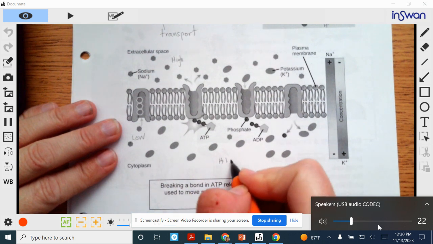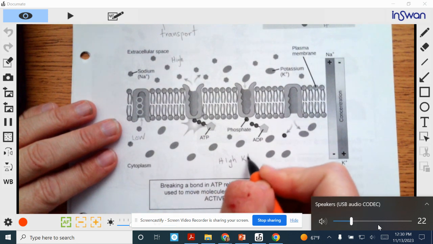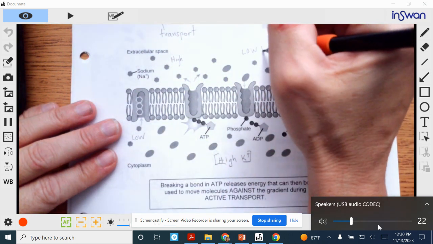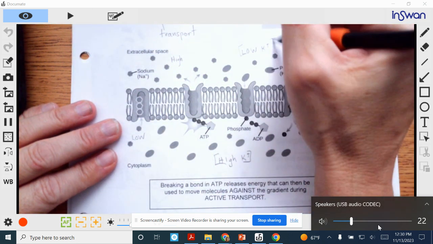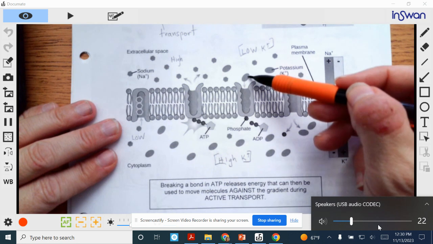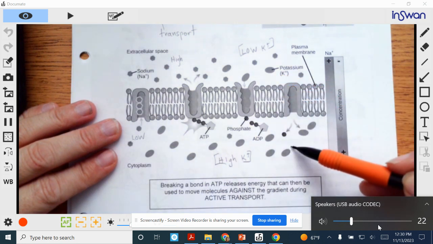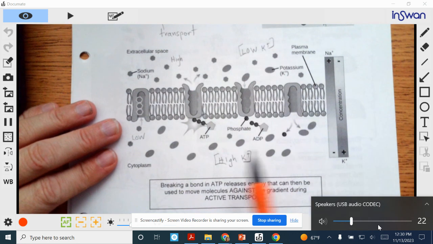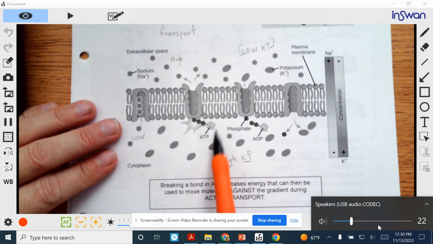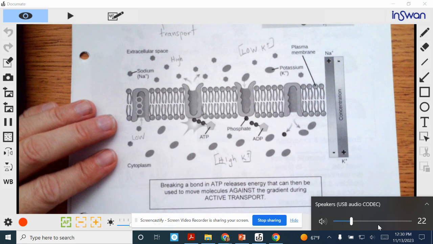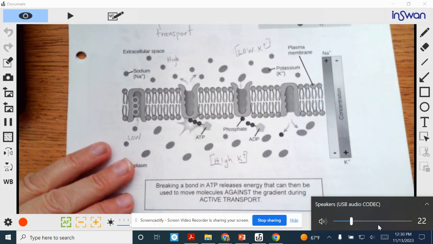Let's indicate high K+, low K+ on this side. And so since we're moving them from low to high concentrations, that would cost the cell some energy. And it did. This ATP molecule can be broken down and can change the shape of this protein and transport those molecules against the gradient.